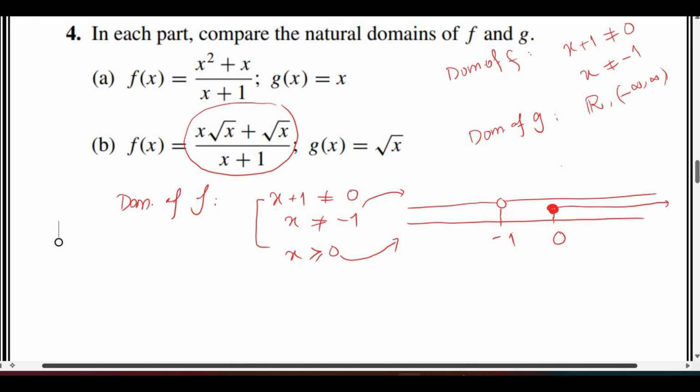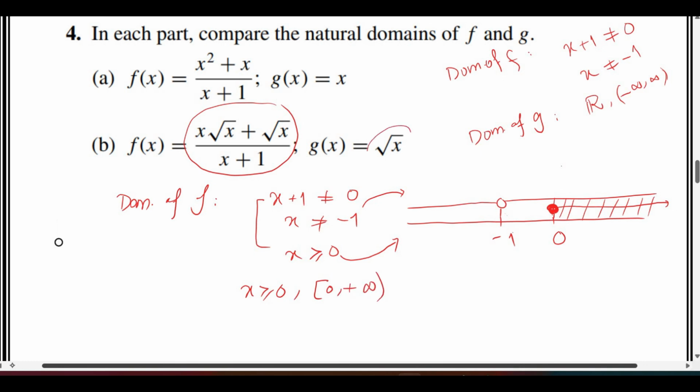So we can find the intersection. Basically the intersection starts from here. The domain of f is x greater than or equal to 0, or from 0 to positive infinity.